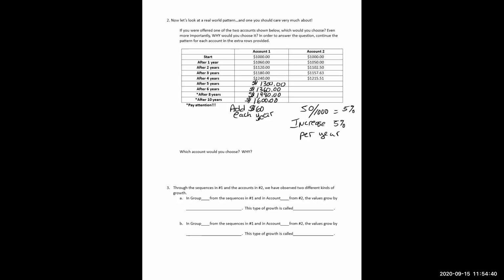So you should remember that from your unit number 1 notes. So if I wanted to go from year 4 to 5, I would take $1,215.51 plus 5% of that, and that will get me my year 5 value. Now you may have a slightly different answer here based on rounding.